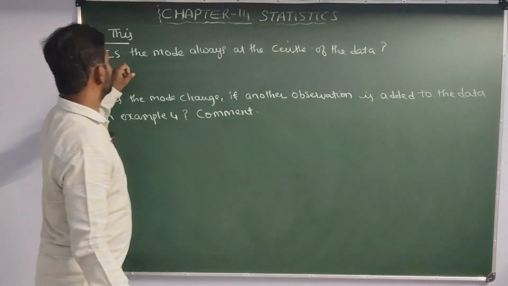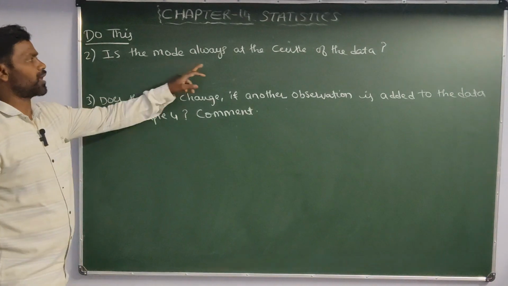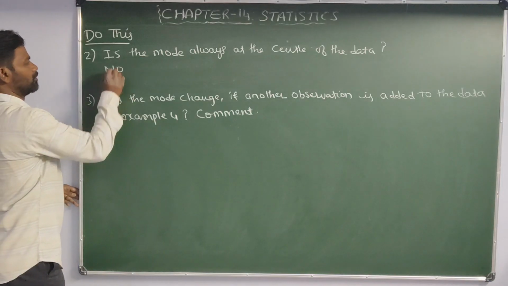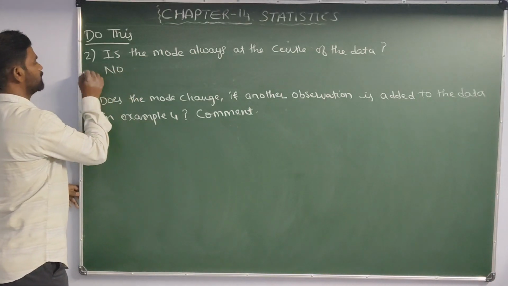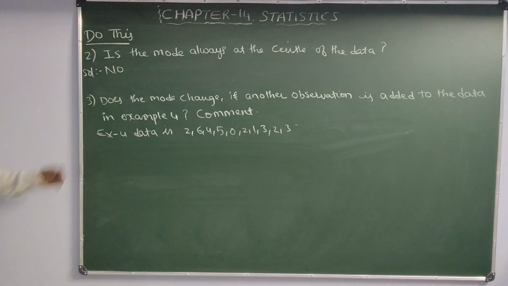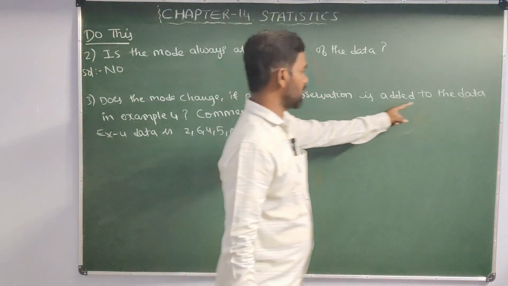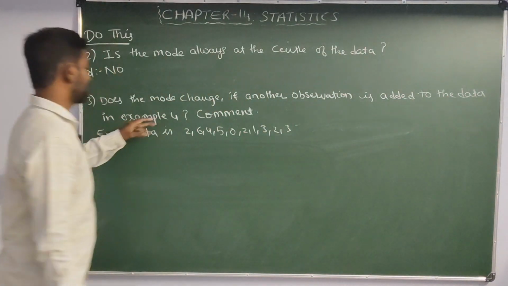Next, to do this question. Second one: is the mode always at the center of the data? No. Answer is no. Okay, next question, students, listen. Does the mode change if another observation is added to the data in example 4?